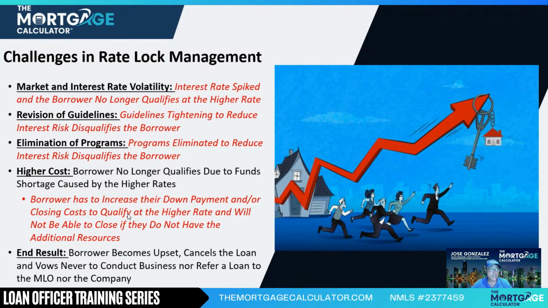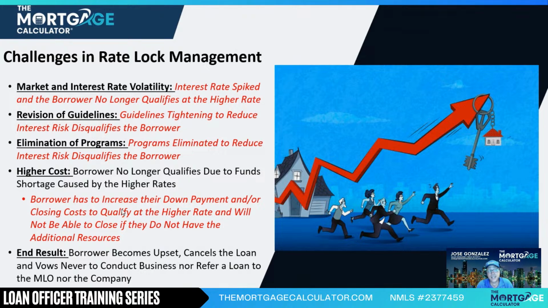And another challenge is the higher cost of not locking in your loan. What do you mean by that? Well, okay, you didn't lock it in at 7%, and that was the maximum rate they qualified for, right? So now 7%, instead of costing 0.5, we had a serious meltdown. Now 7% costs 2.5, right?